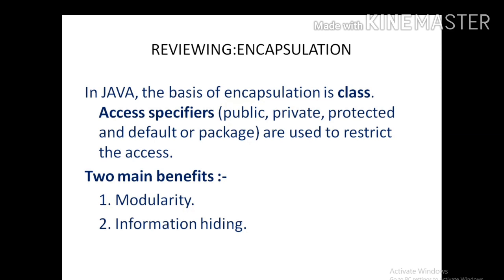Access specifiers are those which restrict the access of methods and member variables of a class. As can be seen from the slide, there can be four types of access specifier, that is public, private, protected, and default or package.